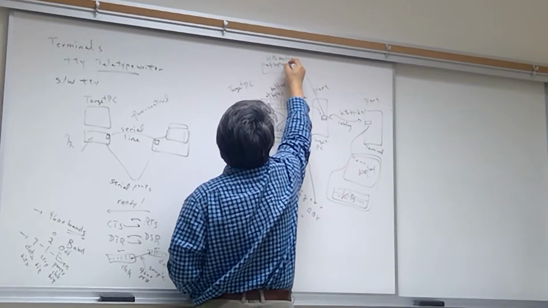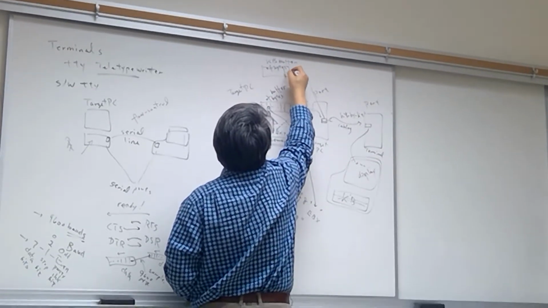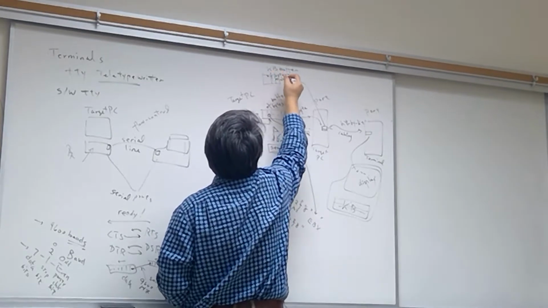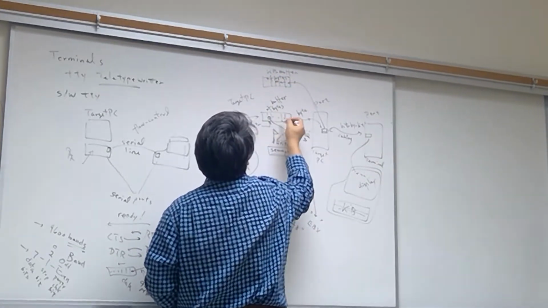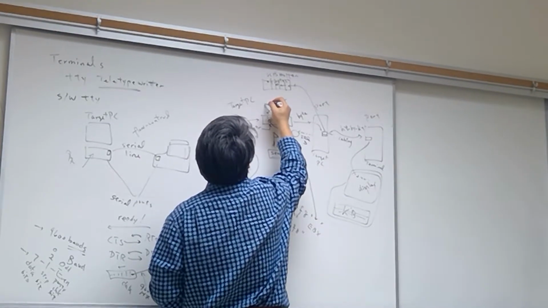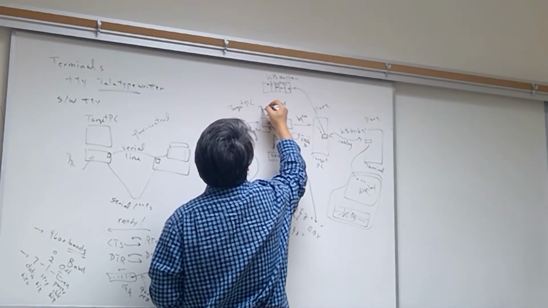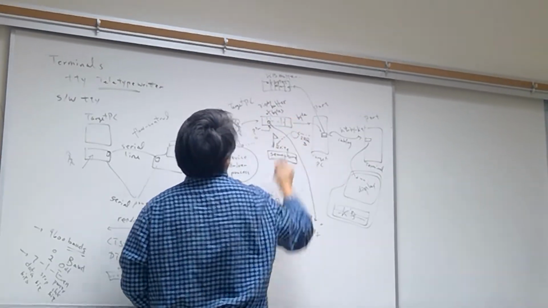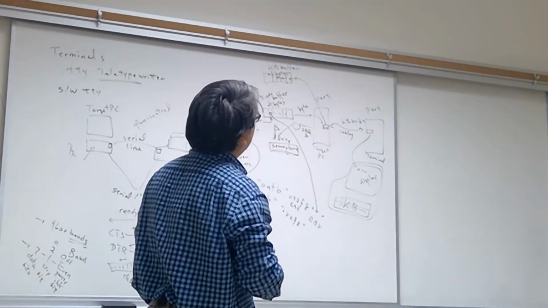Bytes. So when you type in, it's going to be queued in here, and when you display, it's going to be queued in here. So this is the display buffer, and that one is the keyboard buffer. So you've got to have two buffers.